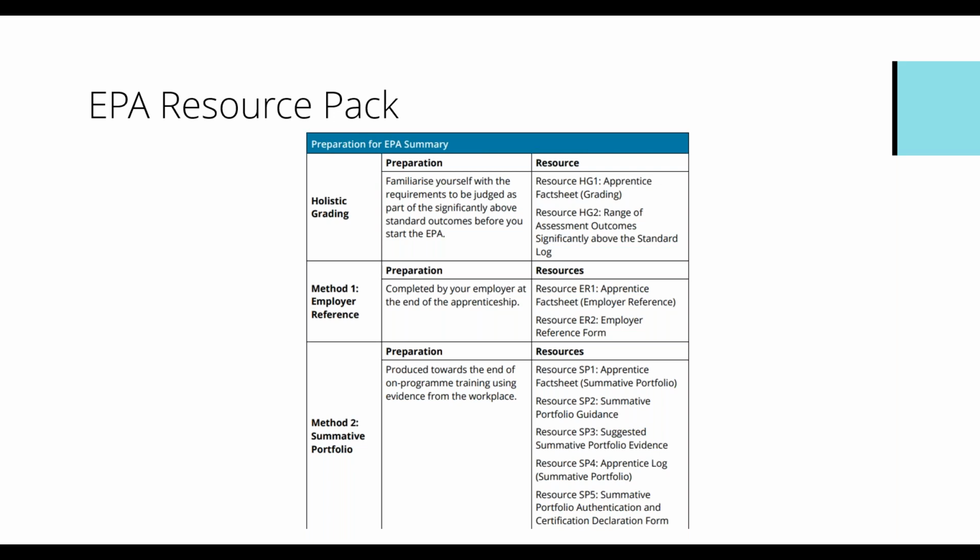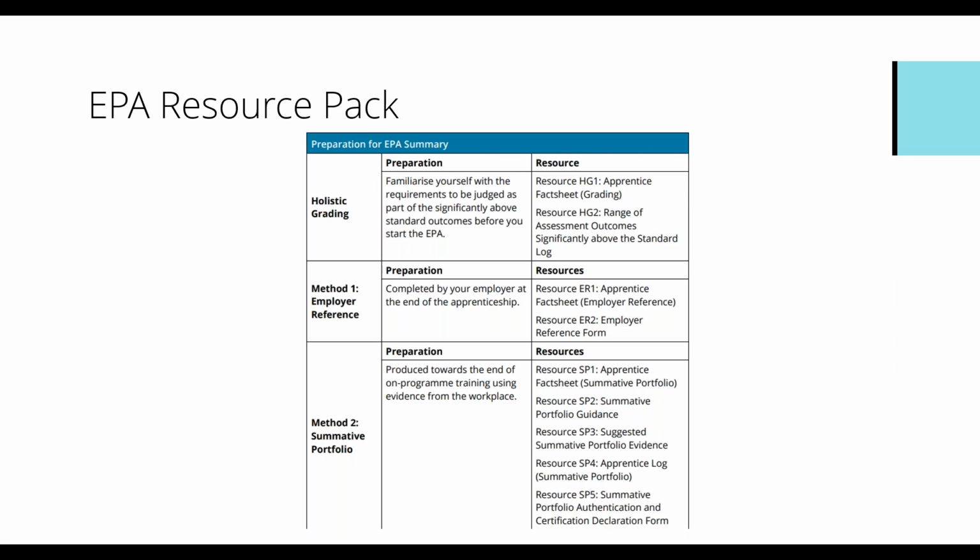So we have holistic grading, we have employer reference. Now this is obviously completed by the employer at the end of the apprenticeship. And what we're looking for there is for the employer to be specific. If they can detail exact projects that the learner took part in, if they led on it or if they worked as part of a team, what digital tools did they use?